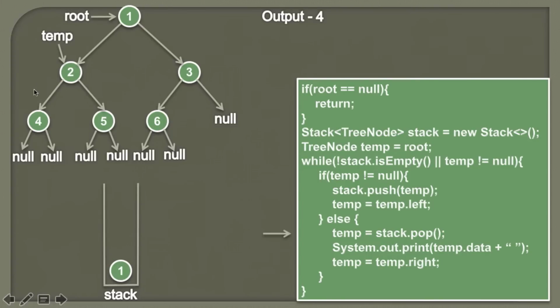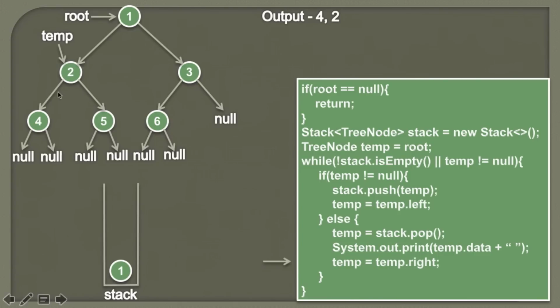Which makes sense because we have completely traversed the left subtree of node 2. So now it's the time to traverse node 2. In the next step, we'll simply print the data associated with the temporary node, which is 2. So on the console, we simply print 2. And then we'll traverse temp to its right.